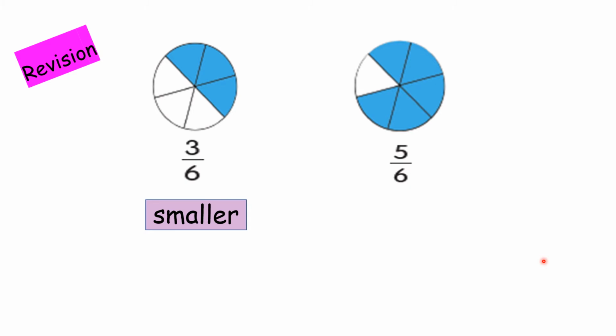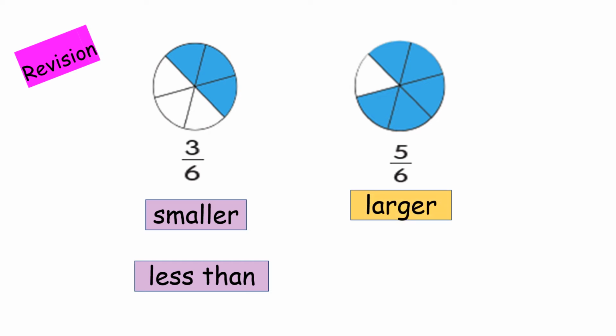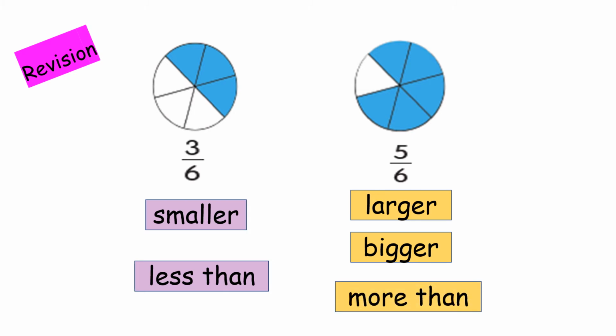Another way to say this is that 3/6 is less than 5/6. How about 5/6? 5/6 is larger than 3/6, or bigger than 3/6, or 5/6 is more than 3/6.